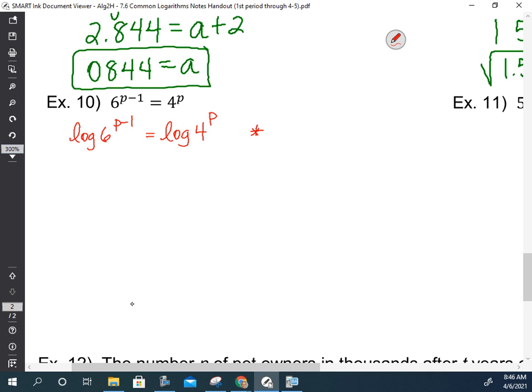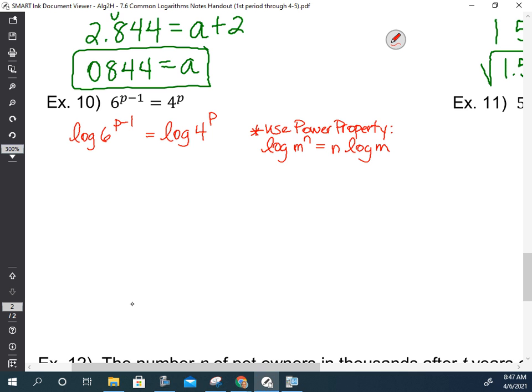Now we're going to use a property, the power rule. Remember, for a logarithm, if you have something raised to an exponent, you can take the exponent and move it out in front.